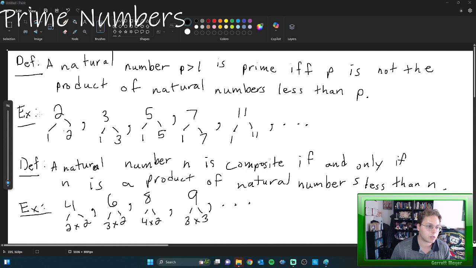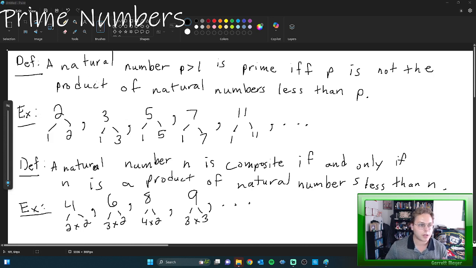The only exception is 2, because the multiple of 2 that gives 2 is 2 times 1, and 2 is not less than that number. It's only 1 and itself. So when a number is only the product of 1 and itself, then it's a prime number. The only exception to this is 1, because 1 is itself, so it needs to have 2 factors to be considered a prime number.